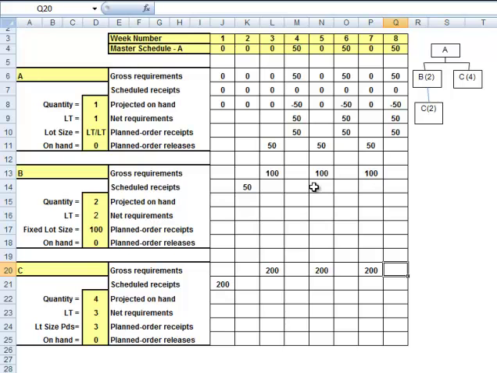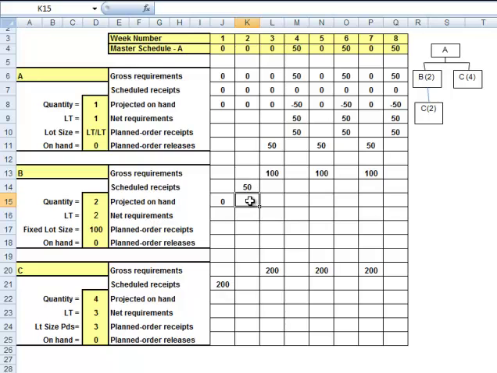So using the same process that I had used for part A, I'm going to do the planning for part B. So my projected on-hand inventory in time period 1 for B will be what my beginning on-hand inventory is, which is 0.